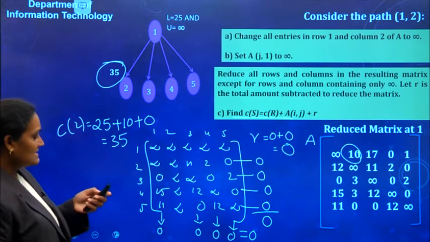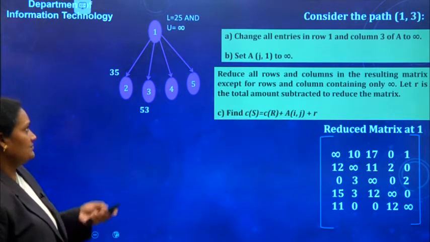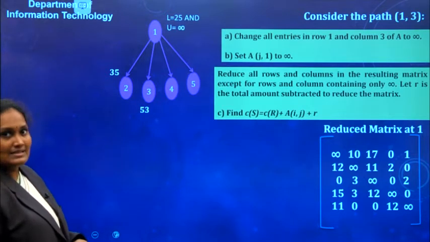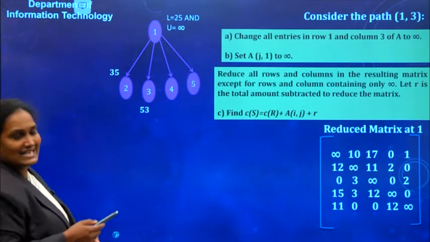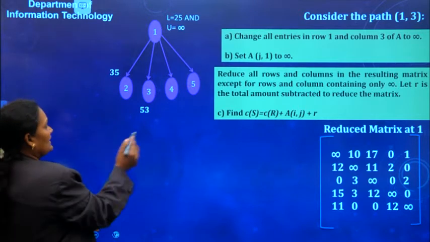Next, what is the next one? Consider the path 1, 3. In the same way, you need to follow the same process. What is the process we are following?